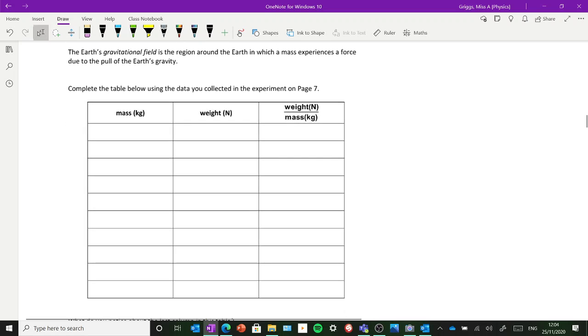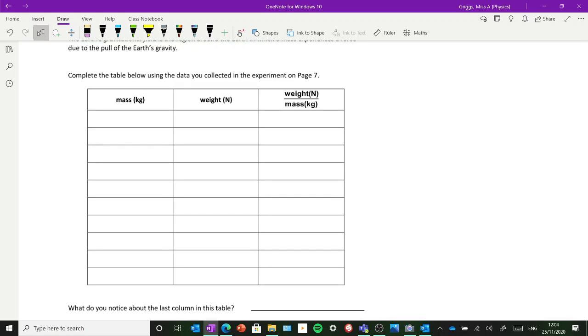So what I'd like you to do, it's a bit of a pain, but copy up from your experimental results on page 7. If you can just copy the kilograms, the newtons, and the weight divided by mass. So basically copy up your results.